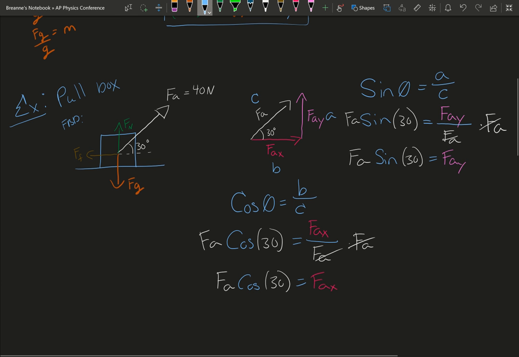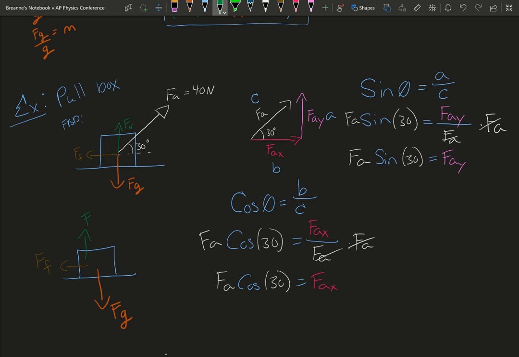So we can actually rewrite our little diagram here. Once we rewrite it though, it's no longer a free body diagram because it's supposed to be just the basic forces. Once you break it down to its X and Y components, that's not basic forces anymore. So we're going to have two forces going up.